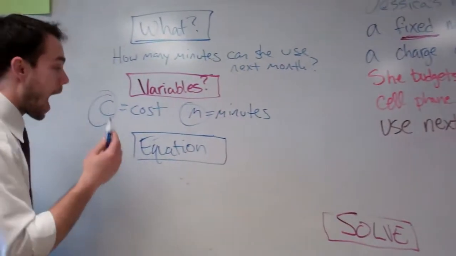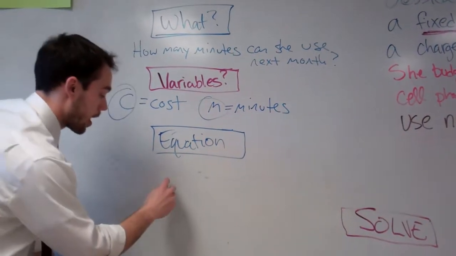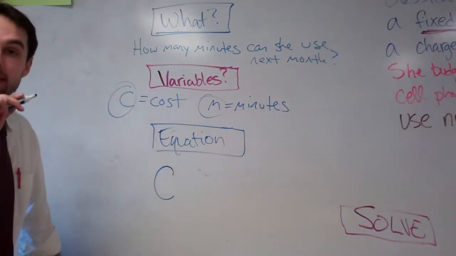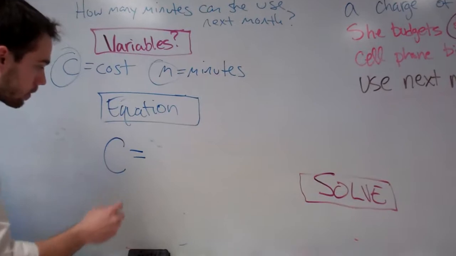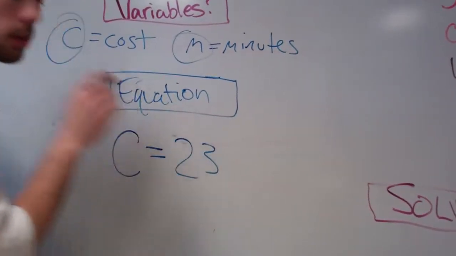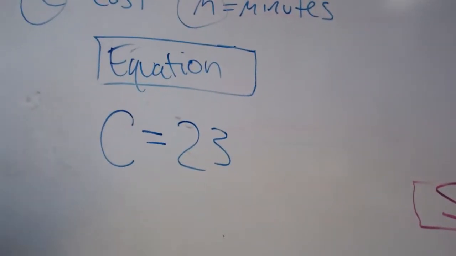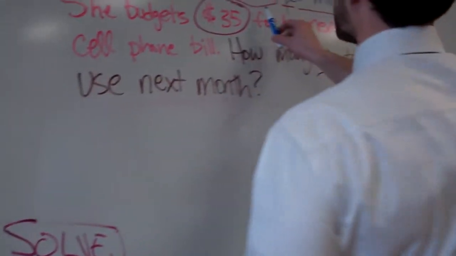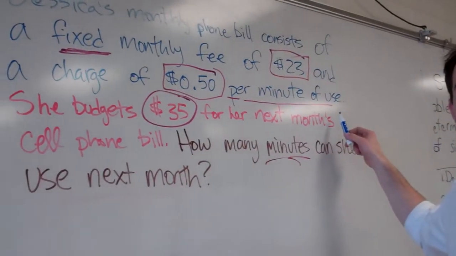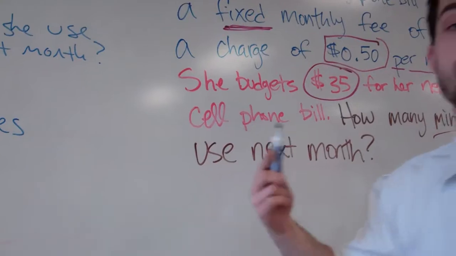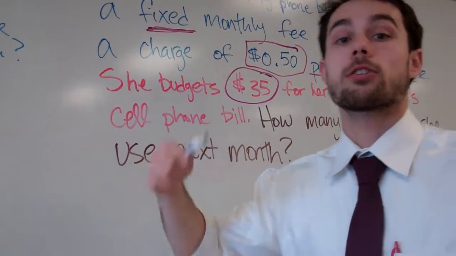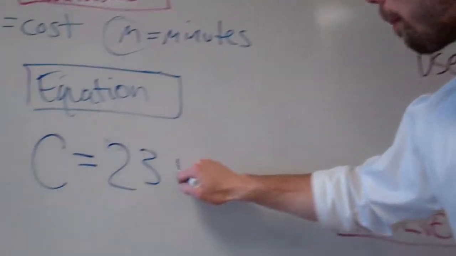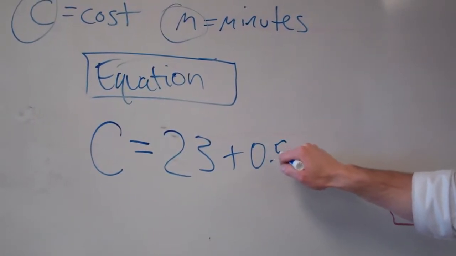So, you know, I want to find the cost, so I'm going to go ahead and start with cost, and I'm going to set that equal to, well, 23 I know doesn't change, but then I also have 50 cents per minute of use, so I know that every minute she uses, she's going to get charged an extra 50 cents. So I'm going to say plus 0.50.